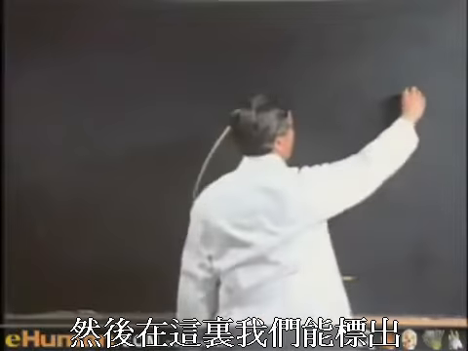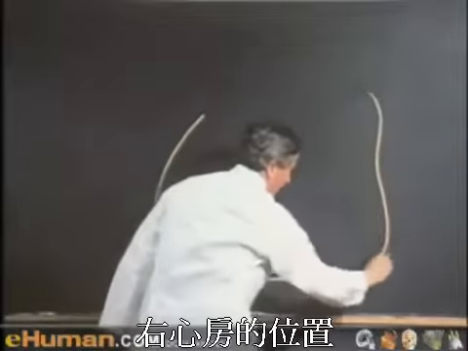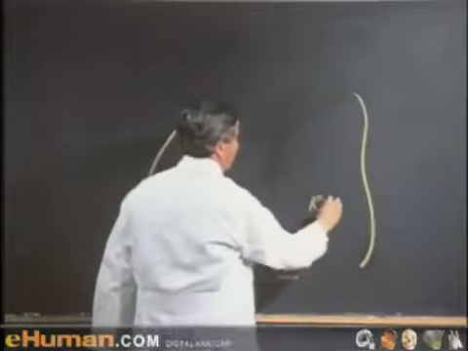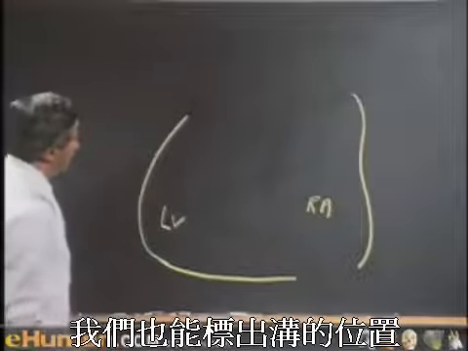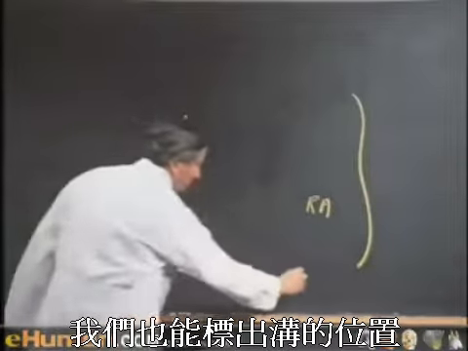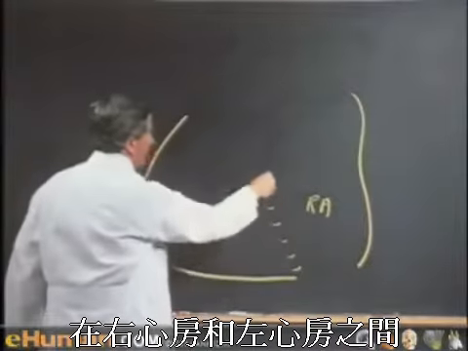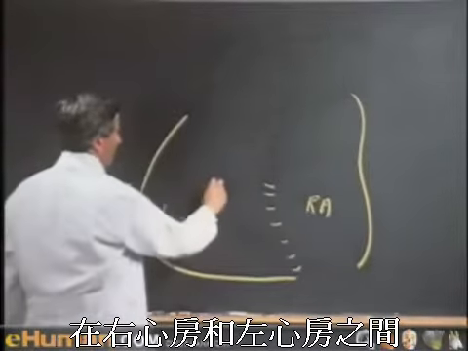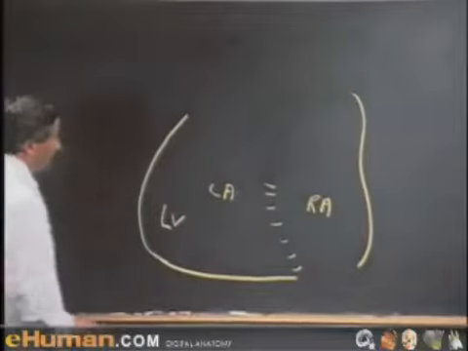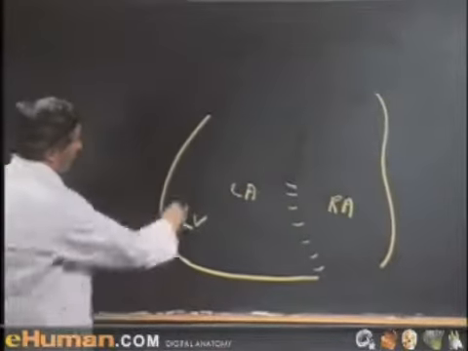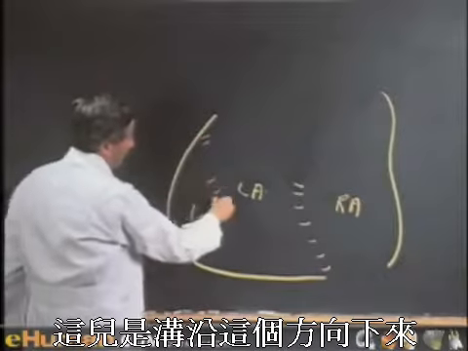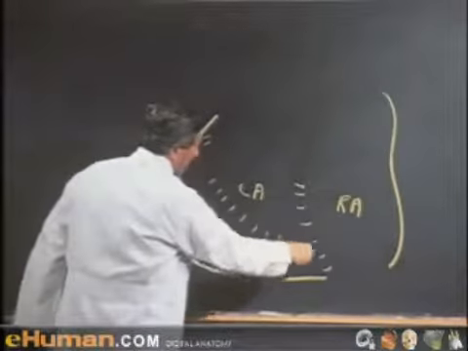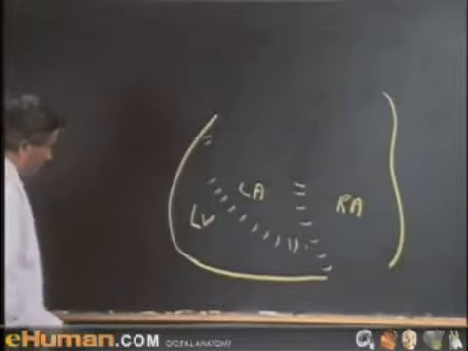And then over here we can indicate the position of the right atrium, and the position of the groove coming up here between the right atrium and the left atrium. And here is the groove coming down in this direction for the coronary sinus.